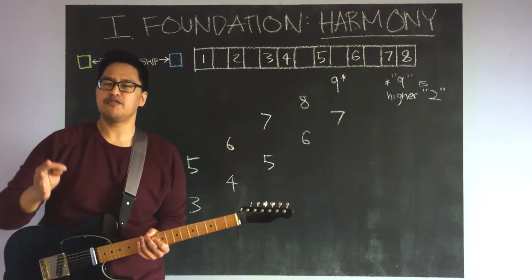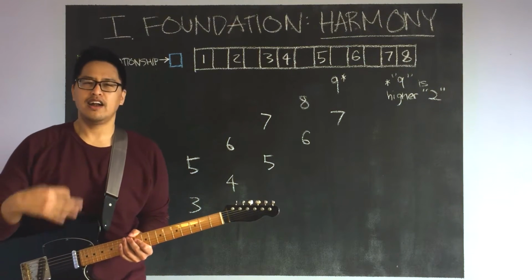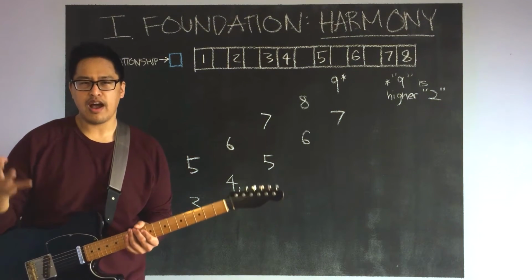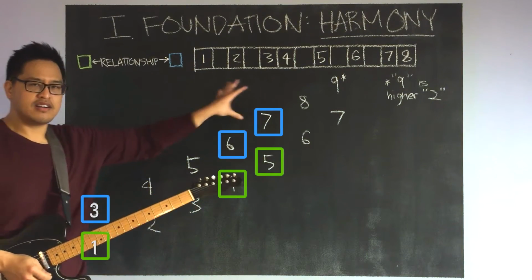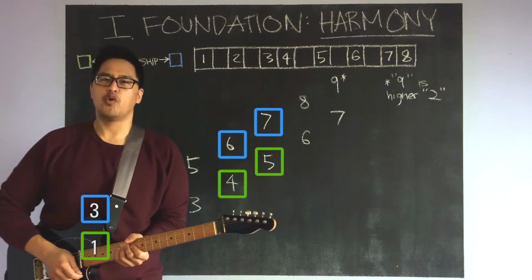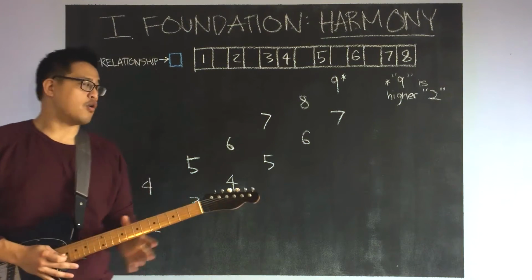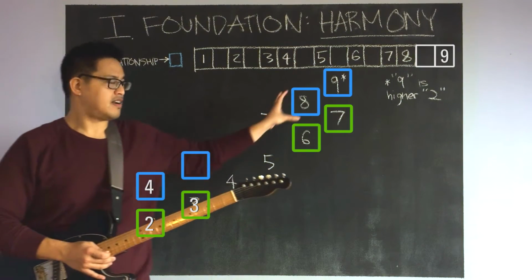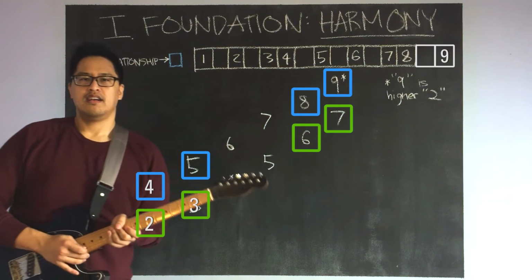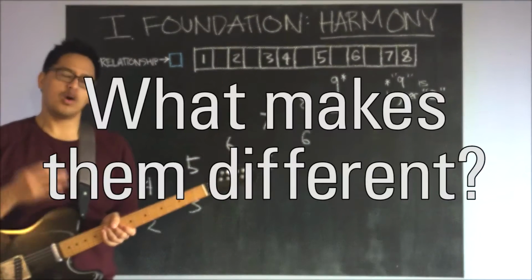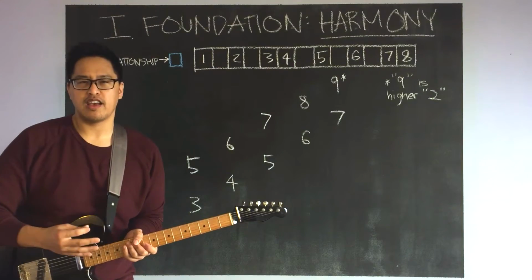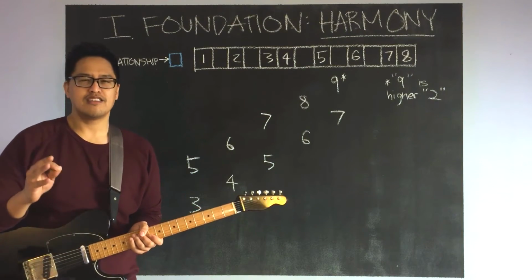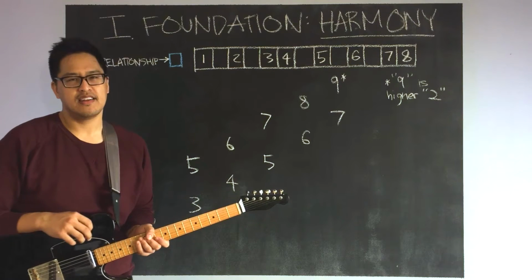If we notice the difference between the two, then an obvious theory question arises. How is it that these thirds over here share the same quality, but these thirds over here share another quality? What makes them different? If we look to the major scale once again, the answer is already embedded.